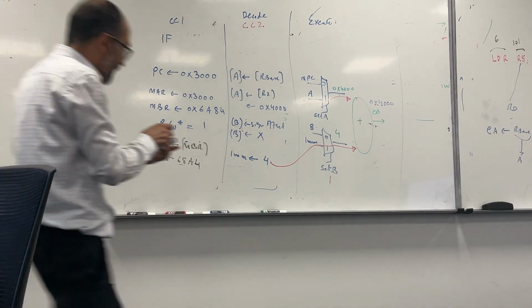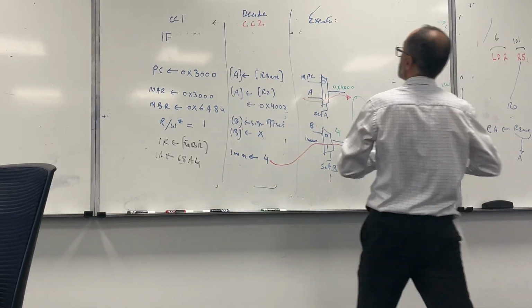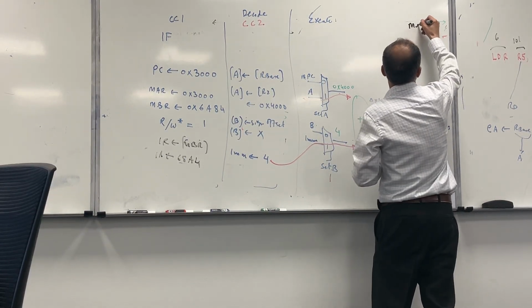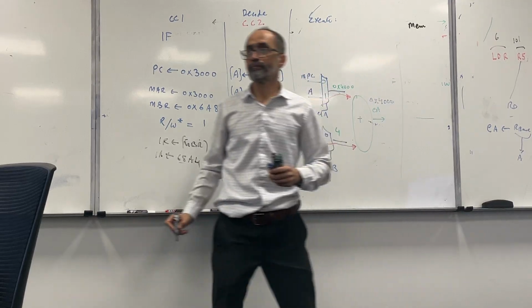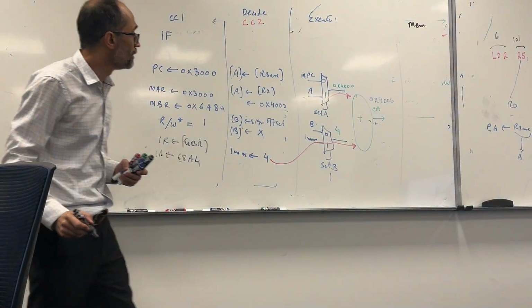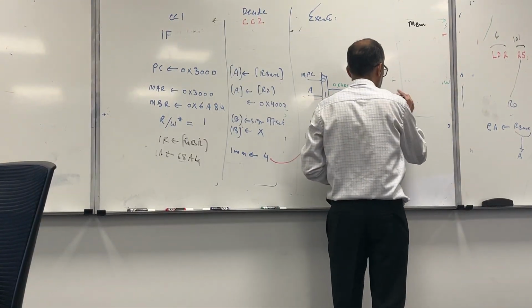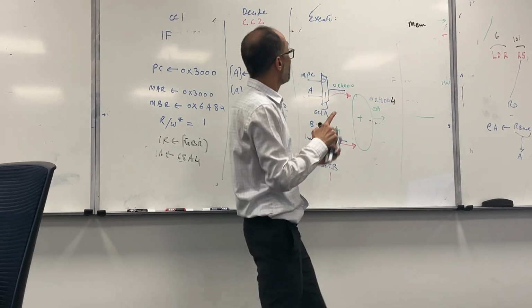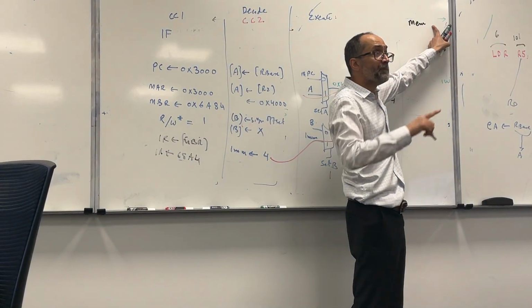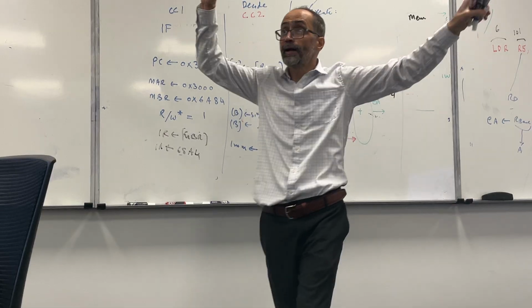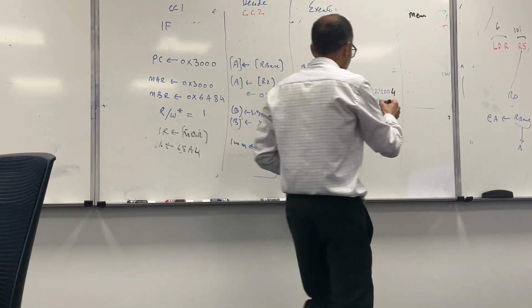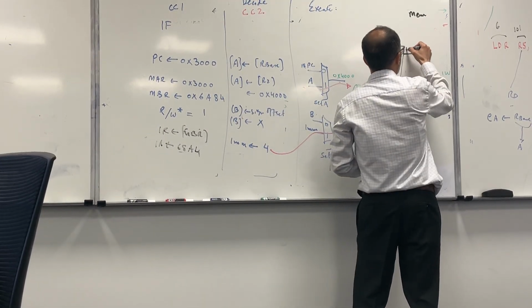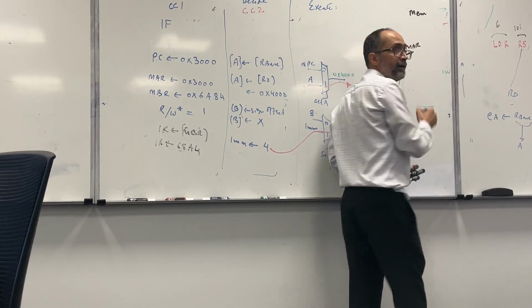Now, what will be my next stage? Tell me, what will be the next stage? Shouldn't it be 4004? Yes, 4004. What should be the next stage? Memory. And please remember, in the memory stage we need MAR and MBR. This effective address will go to MAR.